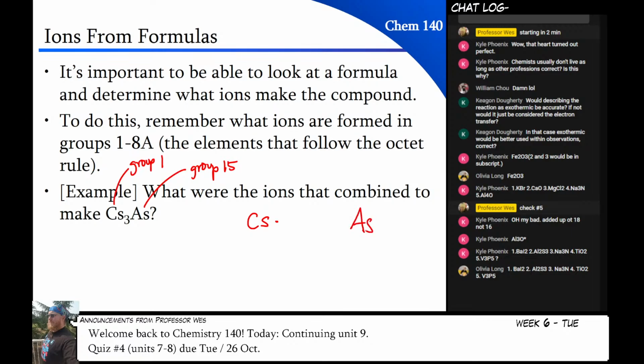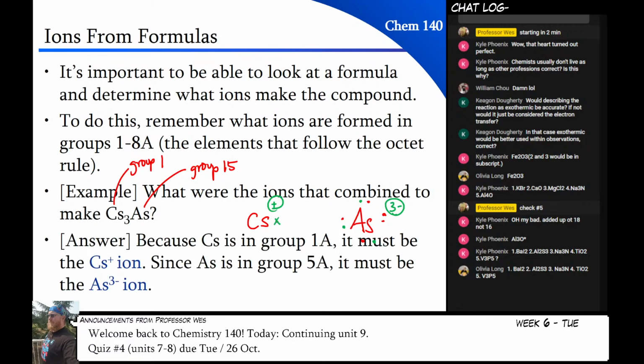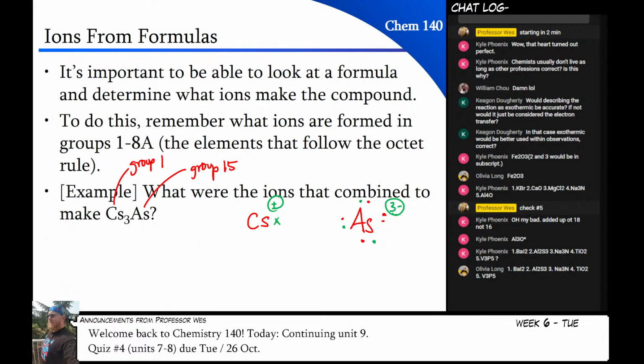And arsenic would look like this before it became an ion, because it's in group 15, right? So how do I make them ions? Well, this is the ion that would form for cesium because it makes an octet. And then this would be the ion that forms for arsenic because it forms an octet. So there's your answer. The ions that were used to make this were cesium with a +1 and arsenic with a -3.